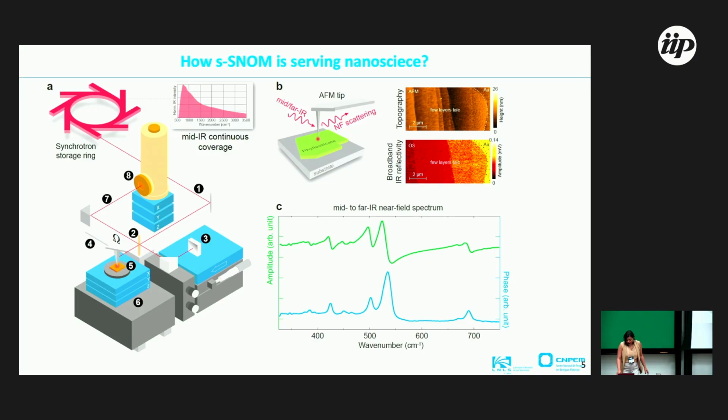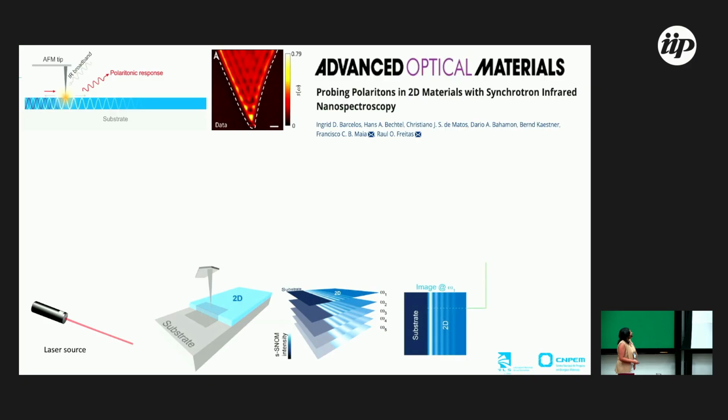It's a nanometer technique. But more than that, this tip works as an antenna that launches polaritons of different types. Those polaritons propagate in the crystal, inside or at the surface according to the type.